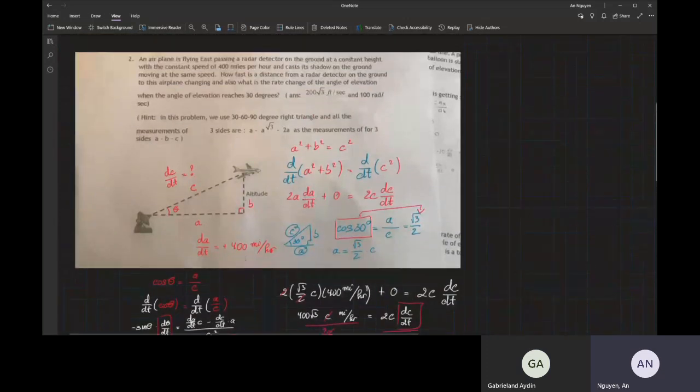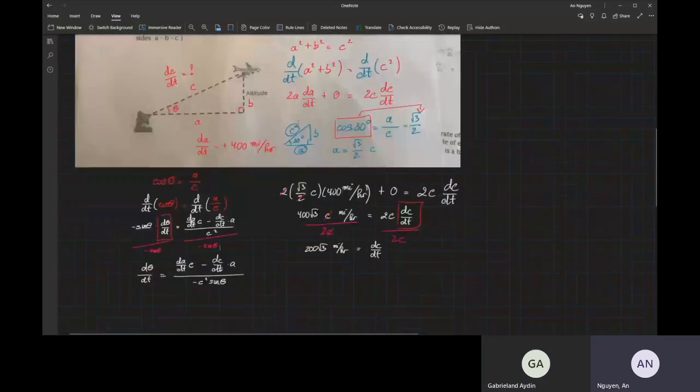They also want to know that specifically at 30 degrees. So I'm just going to plug in everything. dA dt is 400 times C, minus dc dt, which we just found to be 200 root 3, times A, and we know that A is root 3 over 2 C, as we found over here.